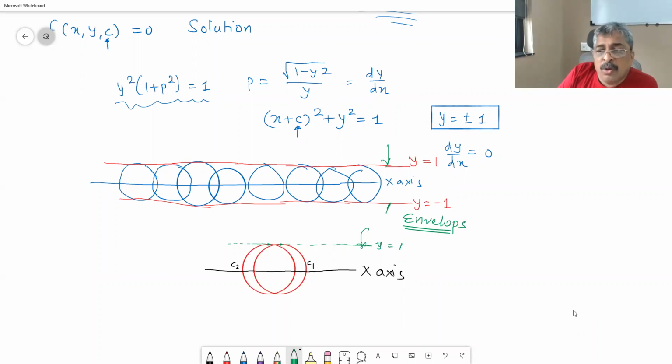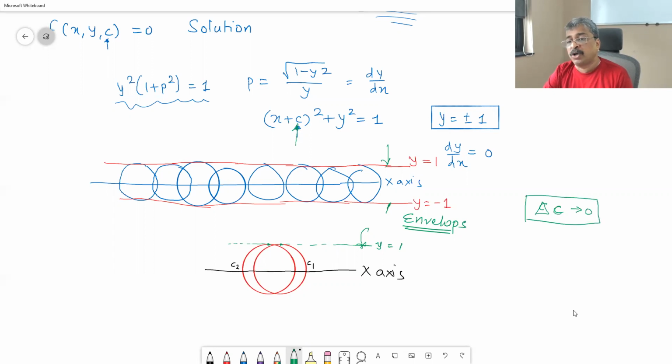So looking at what is exactly happening here, in the limiting case when I am bringing these two circles closer to each other, the change delta C in this arbitrary constant is tending to 0. This is important to know, that delta C is tending to 0, and C is my arbitrary constant, and that is providing me the singular solution as delta C tends to 0.